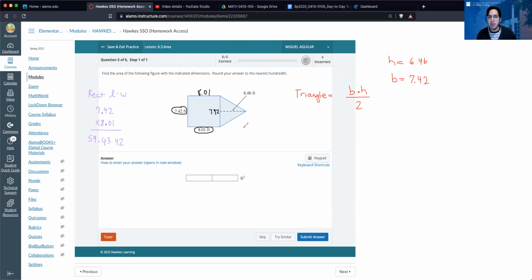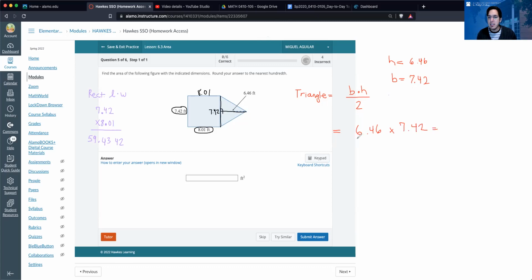And then we have everything that we need, right? We have this side of the triangle, which is the base, and this height of the triangle. So we can multiply these together, and we can do this as a two-step process, right? Because we have to multiply first 6.46 times 7.42.